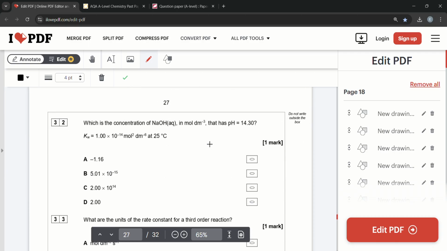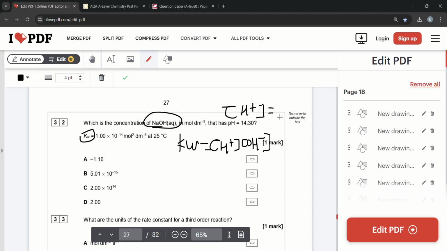32, which is the concentration of NaOH in mole per dm^-3 at a pH of this. Given Kw, Kw is equal to [H+][OH-]. What we're trying to find is the concentration of OH-, so we can't say [H+] is equal to [OH-].